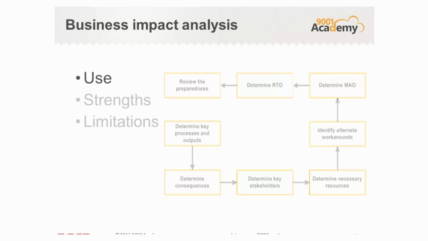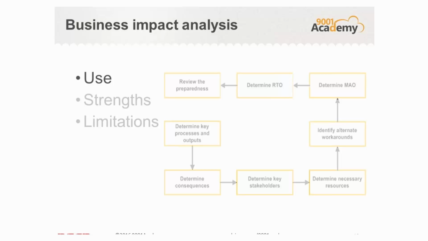The BIA helps you understand the identification and criticality of key business processes, functions, and associated resources, and the key interdependencies that exist in the organization. It also shows how disruptive events will affect the capacity and capability of achieving critical business objectives.